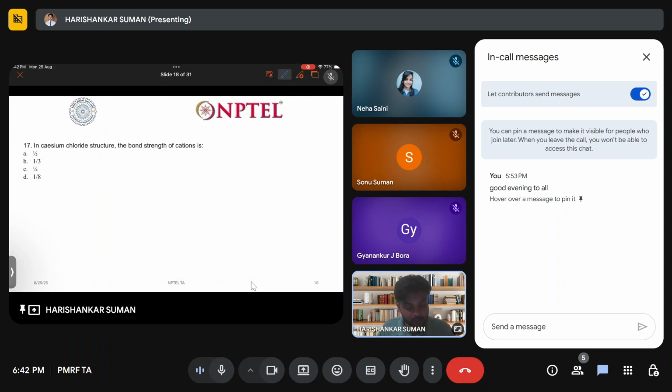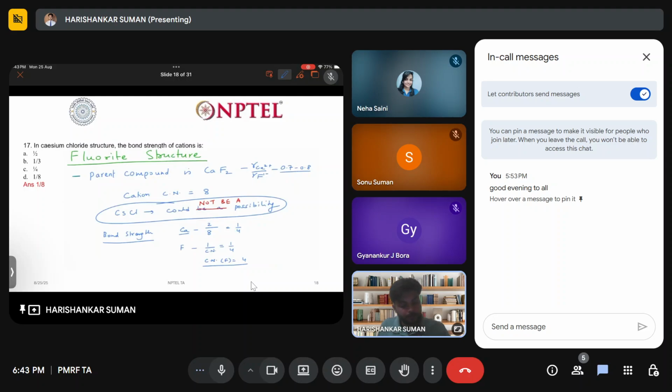In the cesium chloride structure, the bond strength of the cation will be 1/2, 1/3 or 1/8. Yes, please. So the answer is 1/8. You can see in the cesium chloride structure, the coordination number will be 8.